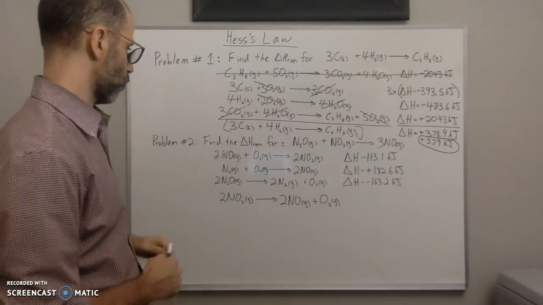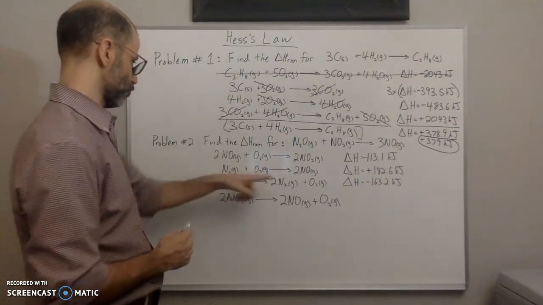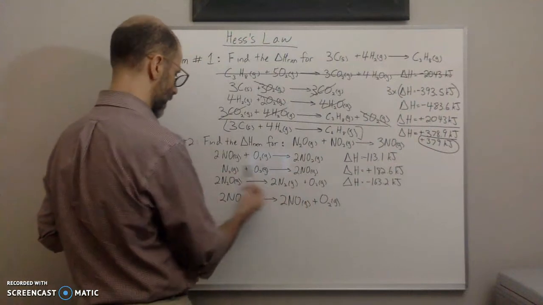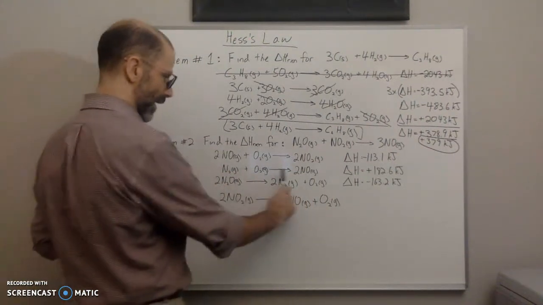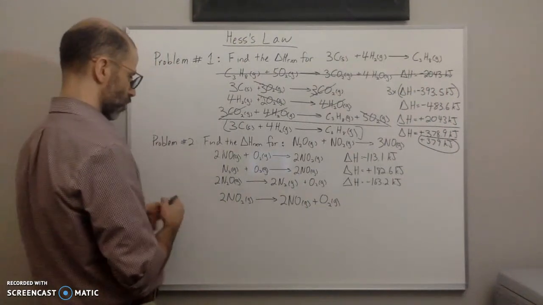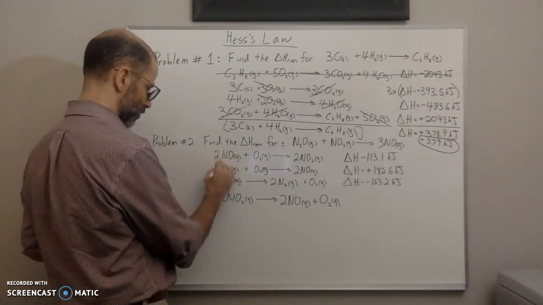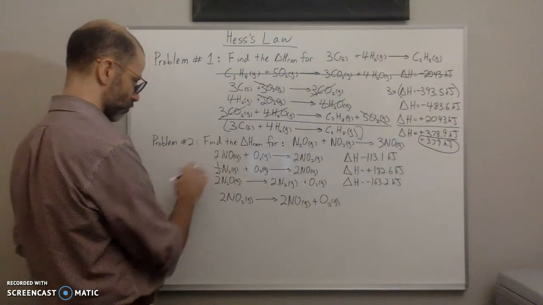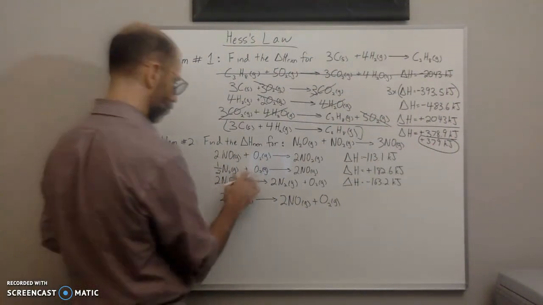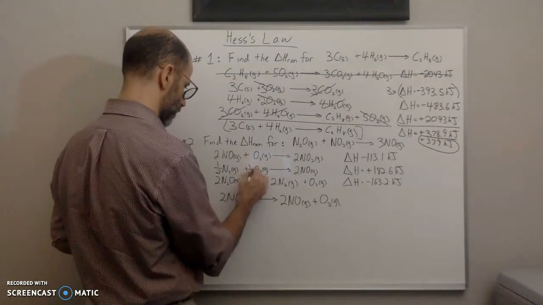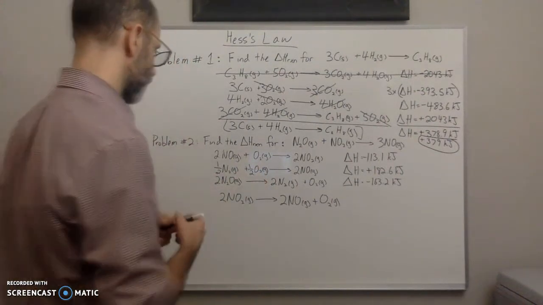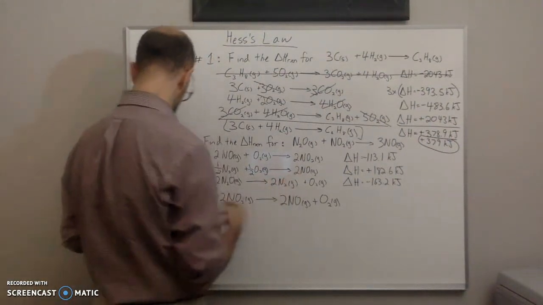So what I'm going to have to do is multiply by a half so I can reduce this by 1. So if I multiply this, N2 is going to be 1/2, and O2 is going to be 1/2. Okay, and then this one would be a half as well.